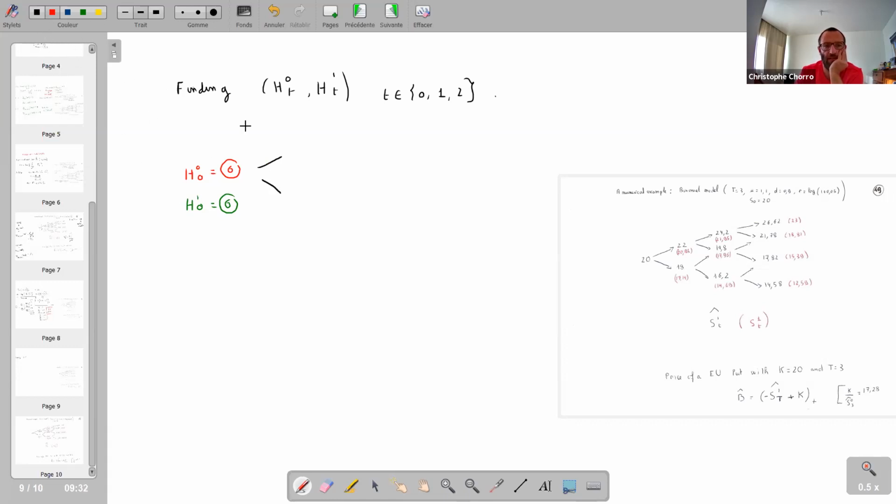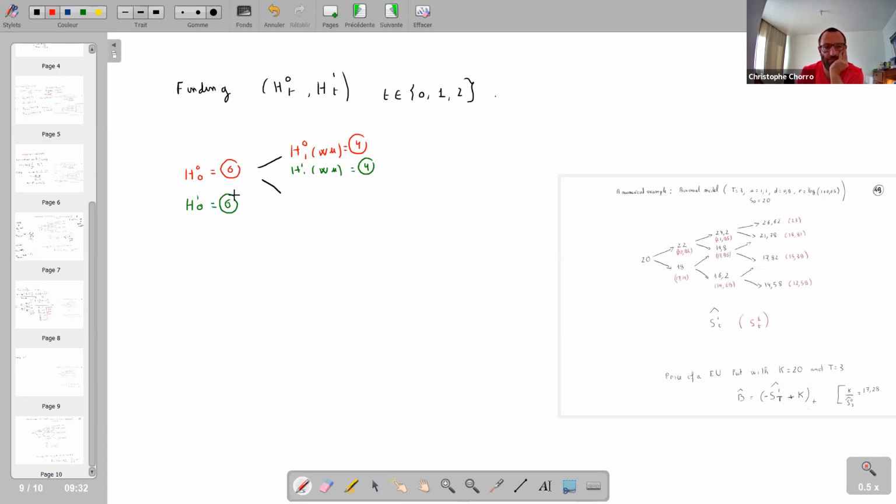Here you will have H0,1 WU. It will be equal to 4. You will have H1,1 WU that I will denote by green 4.